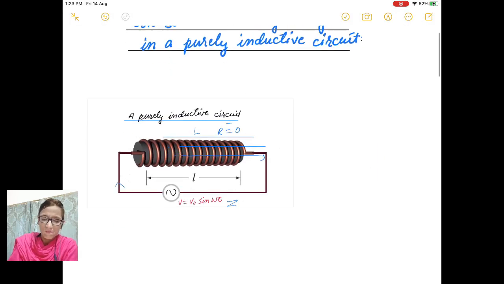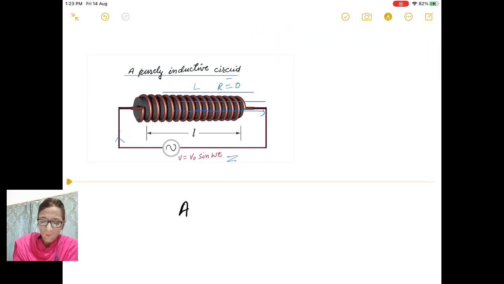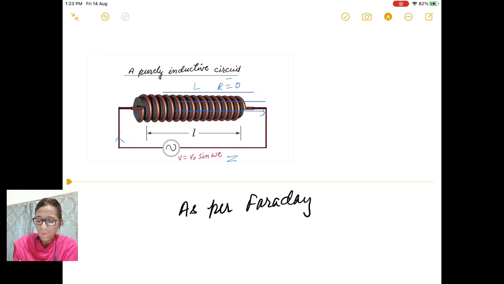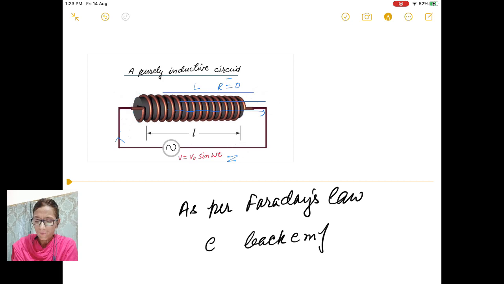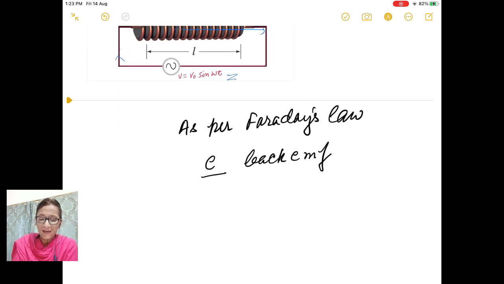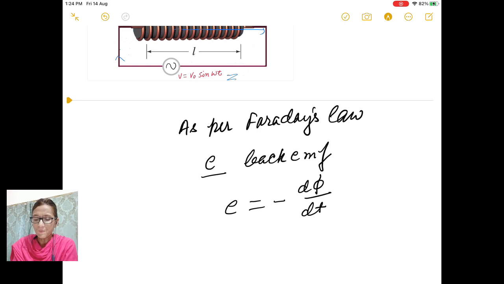So as per Faraday's law, when there is change in magnetic flux passing through any coil, then an EMF will be induced in the coil, and that EMF is also called back EMF. And as per Faraday's law, this back EMF is equal to negative of the rate of change of flux.